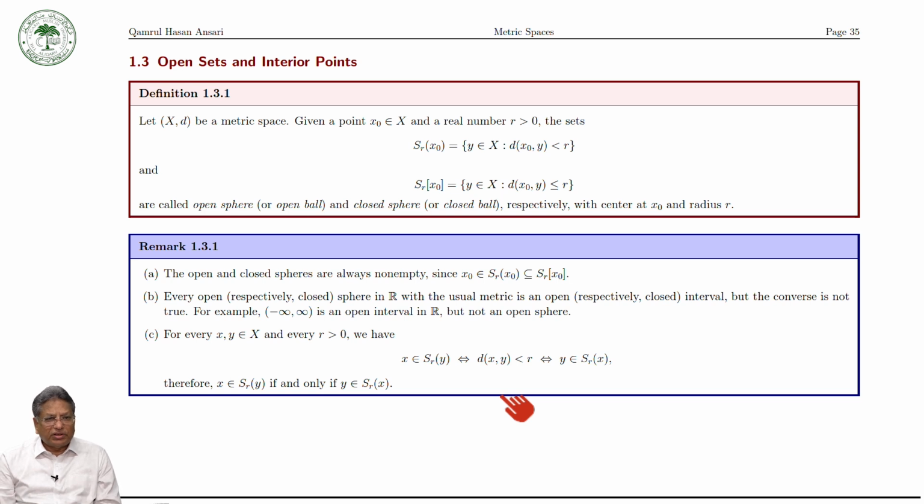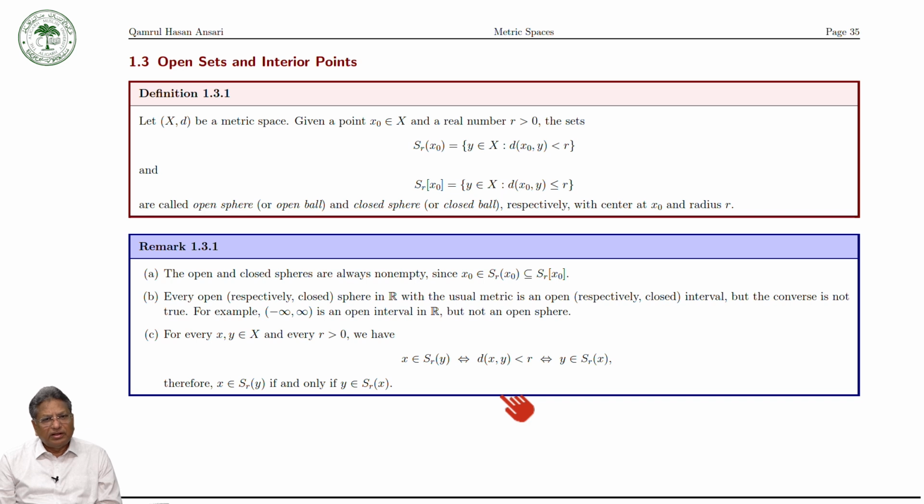Or suppose you have a set of all bounded sequences of real or complex numbers, or a space of all real valued continuous functions defined on a closed interval [a, b]. What would be the shape of a ball or of a sphere, open ball or open sphere, in this space?